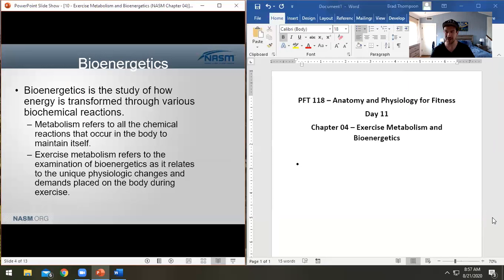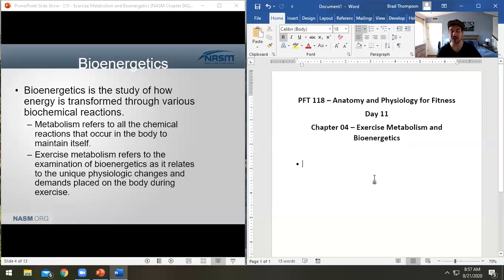So we are talking about conditioning today, and before we actually get into it, we need to understand bioenergetics. Bioenergetics is a term that we use all the time, but it is the study of how energy is transformed through various biochemical reactions.